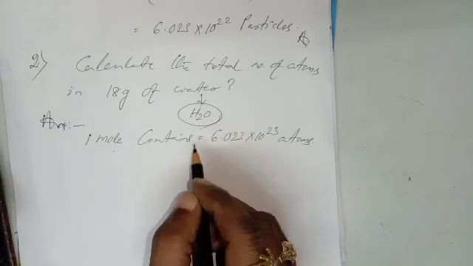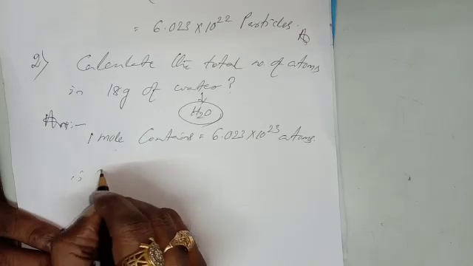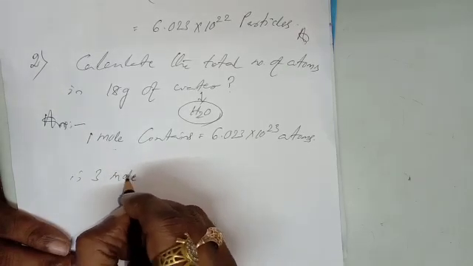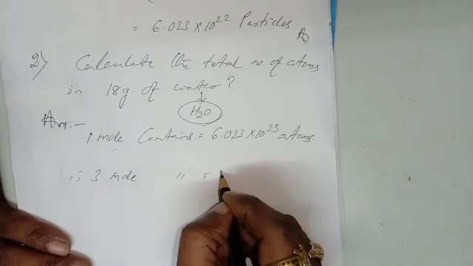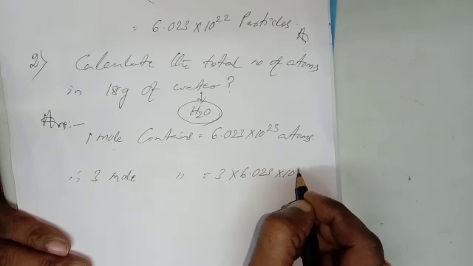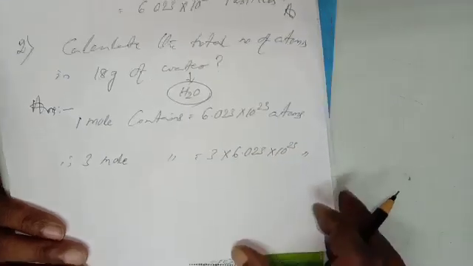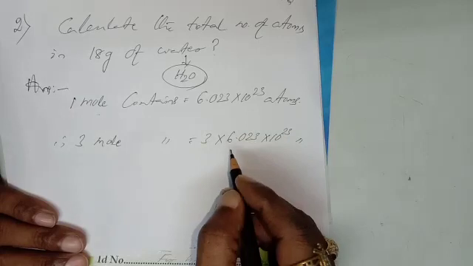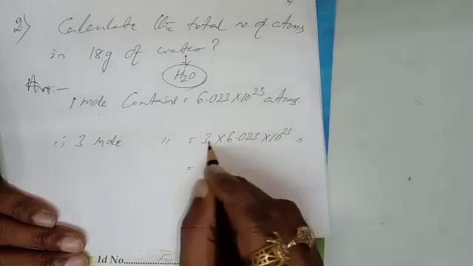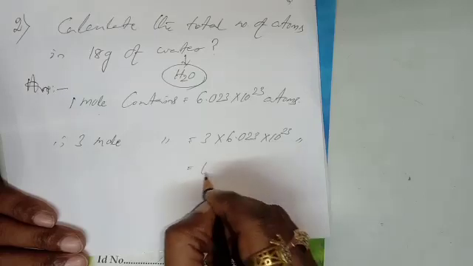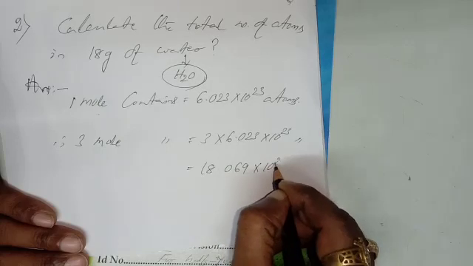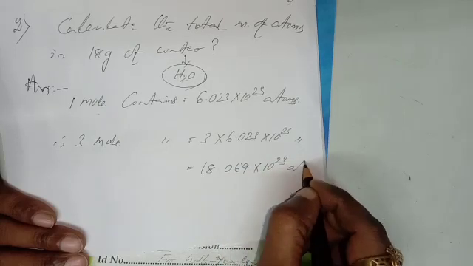Therefore, 1 mole of water will contain 3 moles of atoms. 3 mole contains how much? You have to multiply 3 into 6.023 into 10 to the power 23 number of atoms. This is nothing but 6 threes are 18, sorry, 6 threes are 18, so 18.069 into 10 to the power 23 number of atoms.